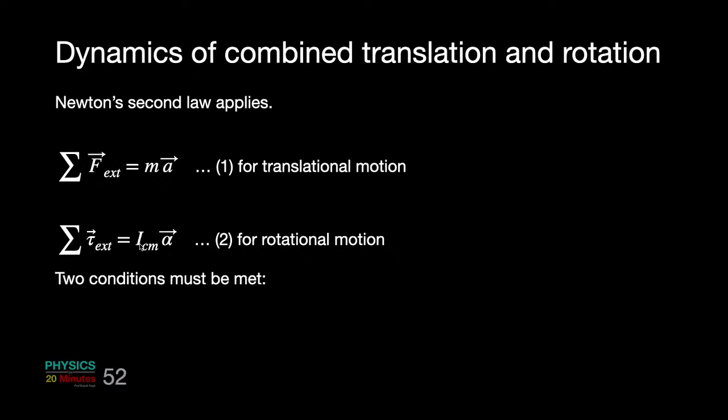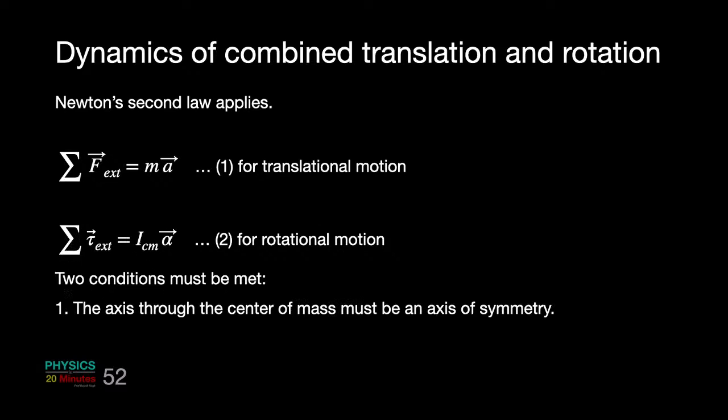To apply the second equation, two conditions must be satisfied. The axis through the center of mass must be an axis of symmetry. And the next is the axis must not change direction. When the translation is happening, the axis must move parallel to itself. That is why in the beginning I told you the bodies which undergo precessional motion we will exclude here, like a rotating top or a gyroscope, that we will discuss in the next class.